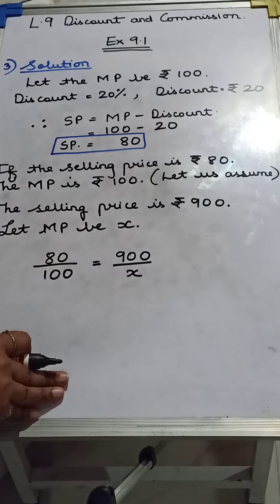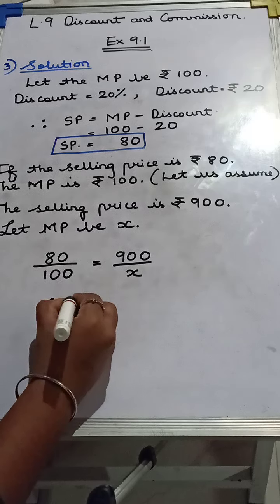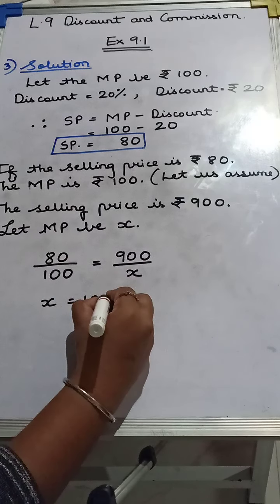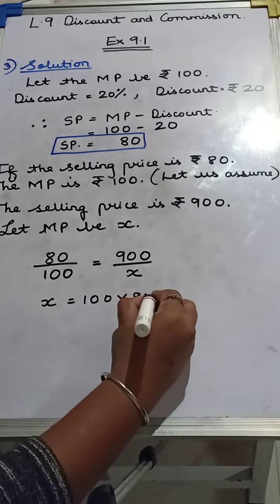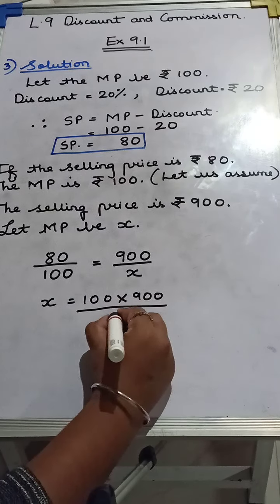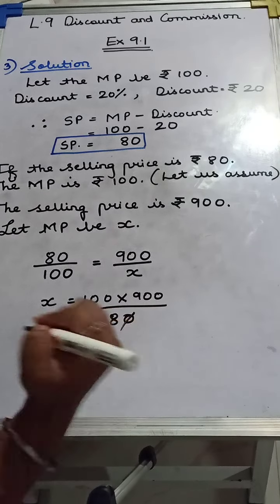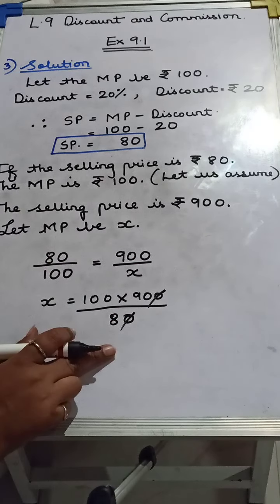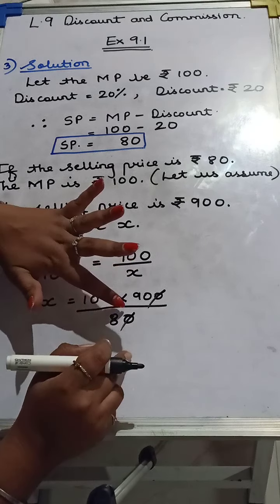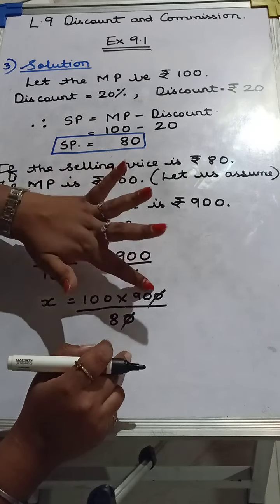Okay, so now we are going to take X outside. Again we are going to cross multiply. So 100 multiplied by 900 upon 80. Cancel one 0. Now in the denominator there is only one 0, so only one 0 can be cancelled. One 0 I have cancelled in the denominator, which means I can cancel only one 0 in the numerator.